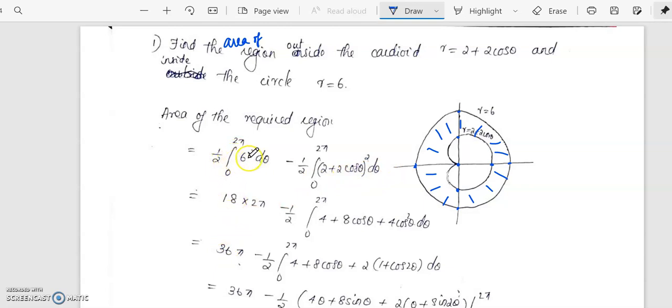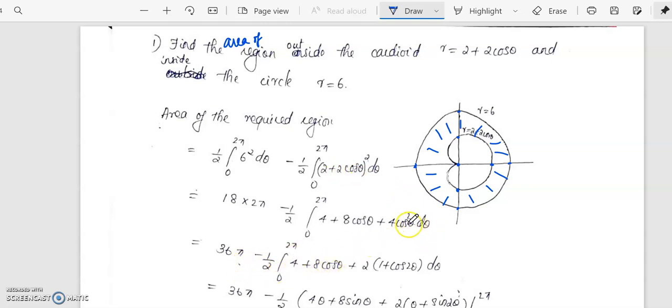evaluating the first integral, we'll get 36 by 2 that will come out. So 18 comes, 18 into, and the value of the integral is theta from 0 to 2 pi. So that will give 18 into 2 pi minus 1 by 2. Now expanding this, we'll get 4 plus 8 cos theta plus 4 cos square theta d theta.